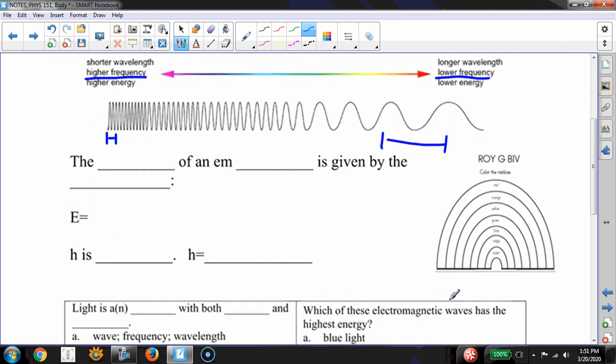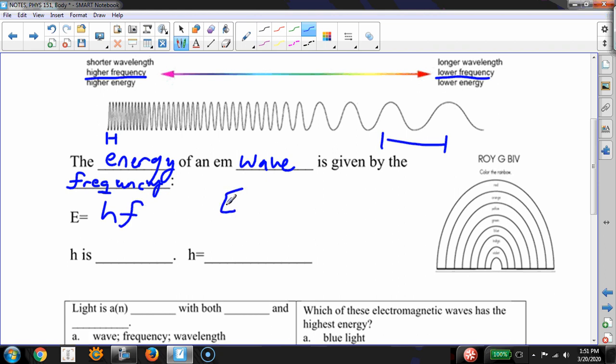The energy of an electromagnetic wave is given by the frequency. I said that earlier. E is equal to a constant times the frequency. Actually, I wrote E, but let me write energy, so that we're not confusing it with the electric field.